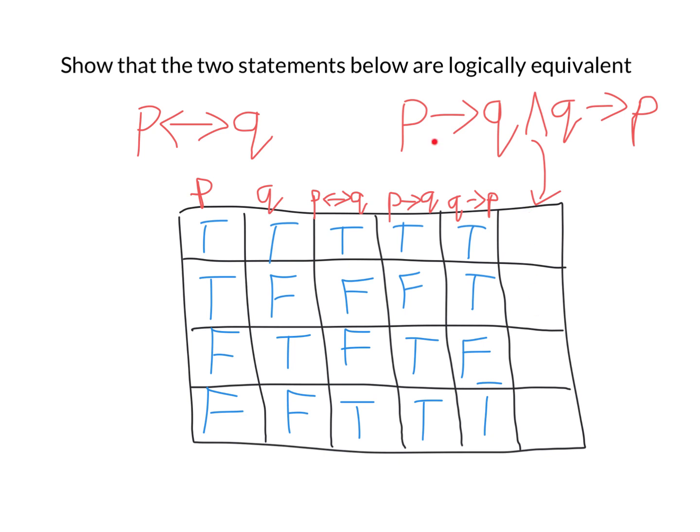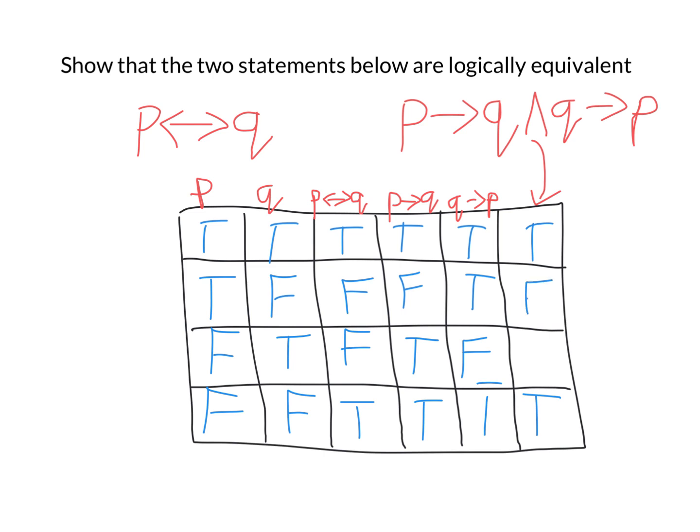So our final column is this statement here. It's saying this and this. For this to be true, both our components, P implies Q and Q implies P, must be true. So it'll be true here because both of these are true. It will be true here because both of those are true. But it will be false here because one of these is false. And if either one is false, if A or B is false, then A and B is false.